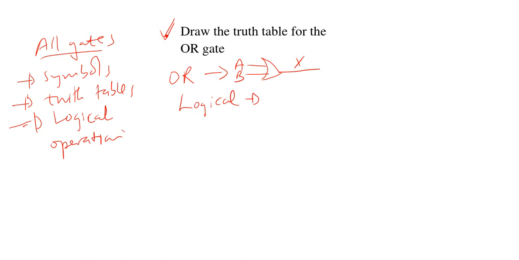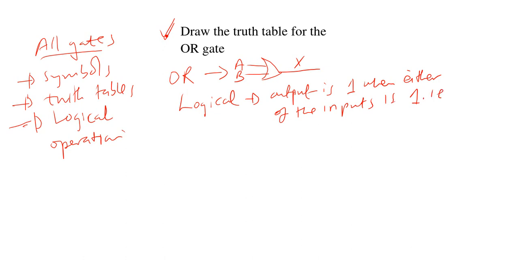Then to determine the truth table, you have to know the logical operation of the gate. The OR gate operates using the concept that it will output 1. So the output is 1 when either of the inputs is 1.